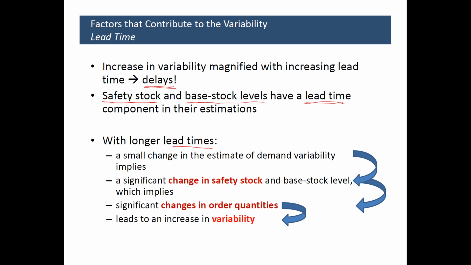So as a rule of thumb we can memorize: the longer the lead times, a smaller change in the estimates of the demand variability will imply a significant change in the safety stock level and also in the base stock level. And that applies once again: we can have significant changes in the order quantities, and that, alongside the supply chain, will tend to increase the demand variability along the supply chain.